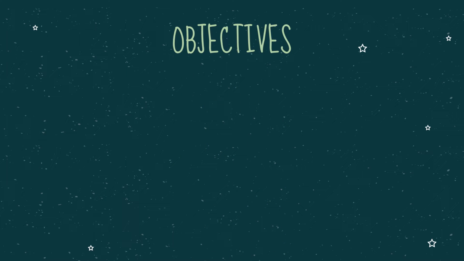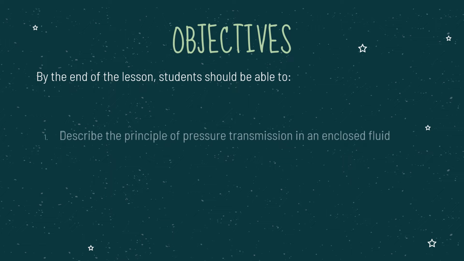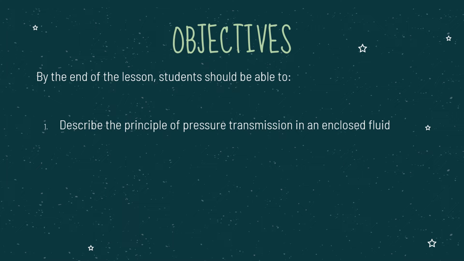For every lesson that we go through, there must be an outcome that we want to obtain from it, right? So, to start, we go through the objectives for our lesson. By the end of this lesson, you should be able to first, describe the principle of pressure transmission in an enclosed fluid.